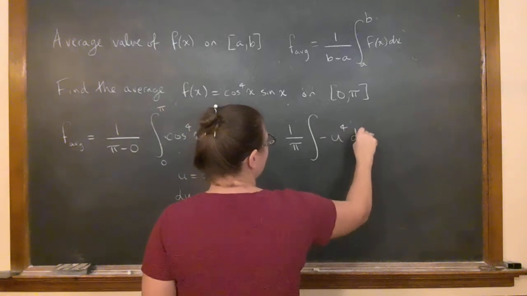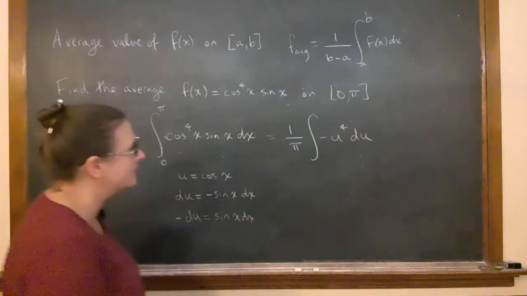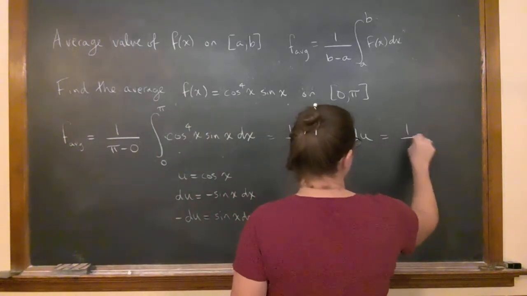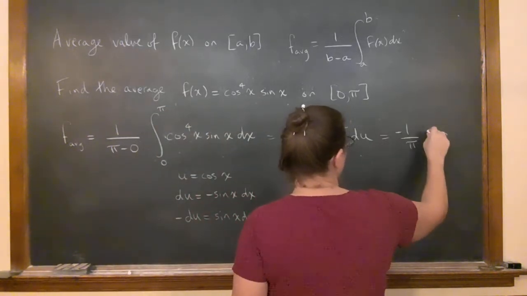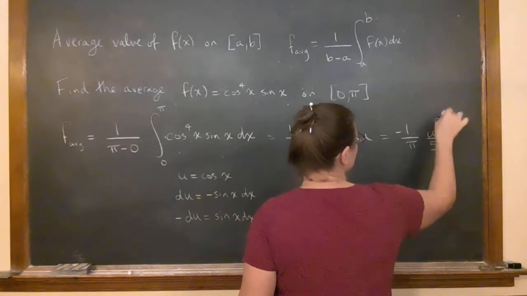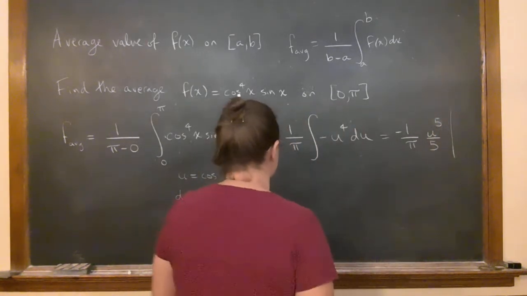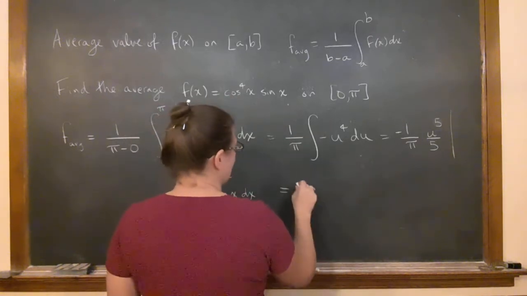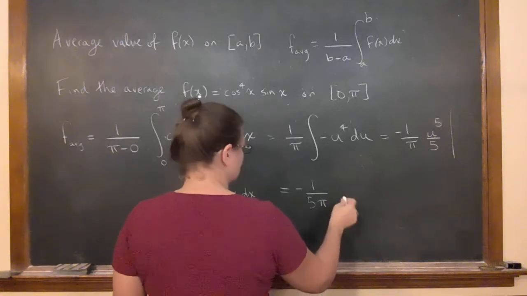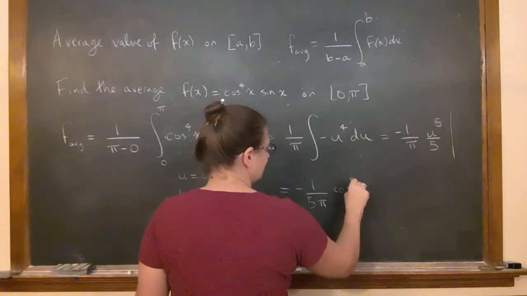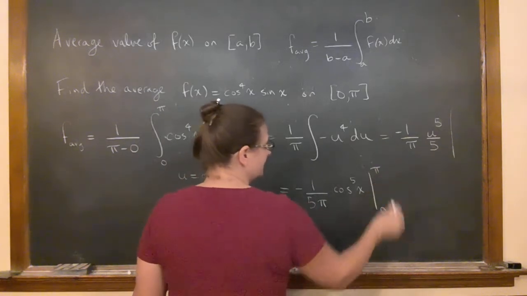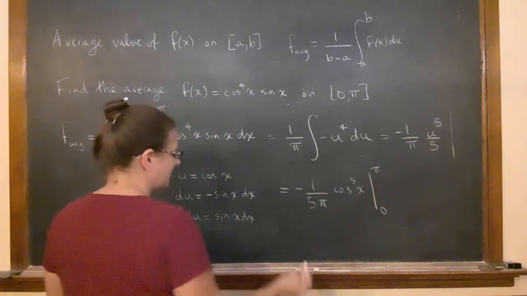I think I'm just going to go back today. When I integrate this, I'm going to get 1 over pi times minus u to the 5 over 5. Evaluate it at your limits, but I didn't change them, so I have to go back and put in what u is, which is cosine to the 5th x. And now I can use my original limits, 0 to pi.